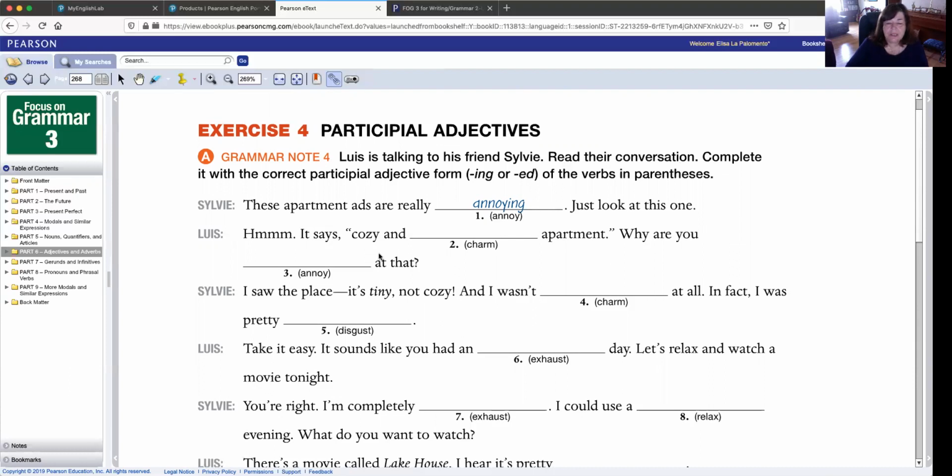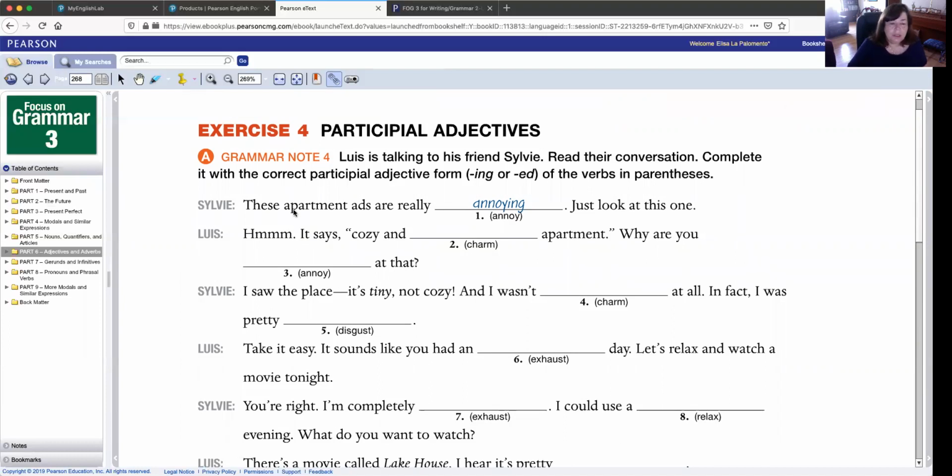Read their conversation, which is right here. Complete it with the correct participial adjective form, meaning you're going to either put ing or ed of the verbs in parentheses. Remember that if something is causing a feeling, is making someone feel a certain way, you need to put ing. If someone already has the feeling, that's just the way they feel, you need ed.